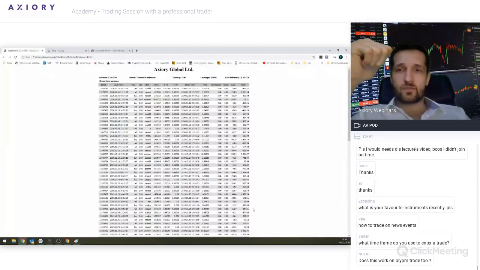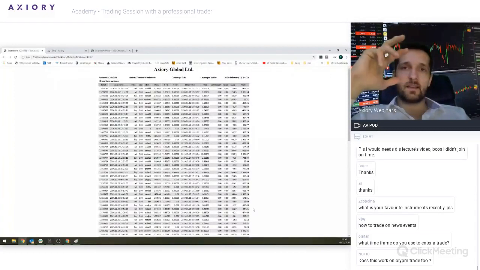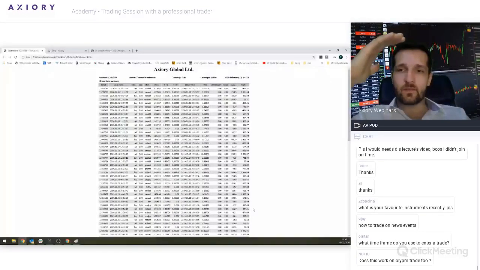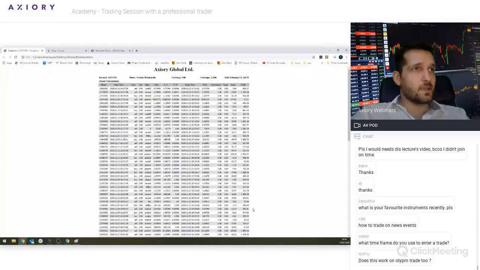You have so many instruments, millions of market participants, billions of dollars floating every day, governments, banks, hedge funds, presidents, coronaviruses, flying missiles in the Middle East. So many factors that you absolutely cannot be right every time. So don't focus on it, my friends. So this is my statement.